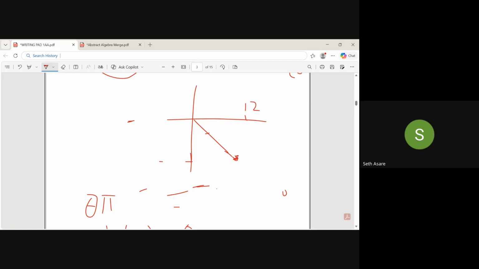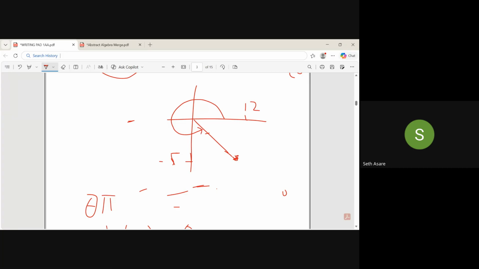And here is minus what? 5. You agree? Yes, sir. Now, this is what we want. The angle that we need is from here up to this place. That is the angle that we need.